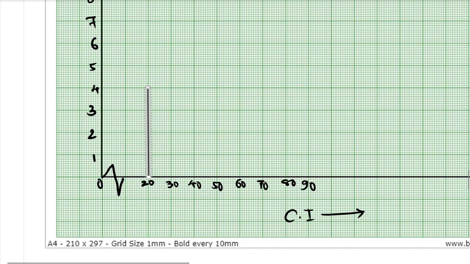One more line from this point. The thickness of this line will be up to here. One more line. And this will end over here.